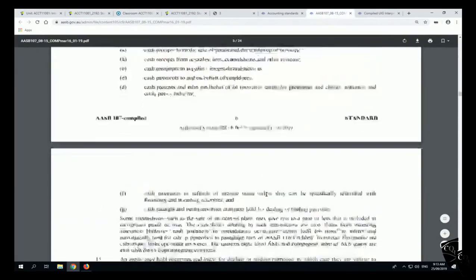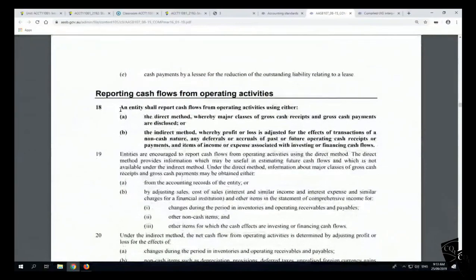So if we scroll down to paragraph 18, in the nice bold, it states that an entity shall report cash flows from operating activities using either the direct method, whereby major classes of gross cash receipts and gross cash payments are disclosed, and we'll look at those classes very soon, or the indirect method, whereby profit or loss is adjusted for the effects of transactions of a non-cash nature, any deferrals or accruals of past or future operating cash receipts or payments, and we look at those on the balance sheet, and items of income or expense associated with investing or financing cash flows.